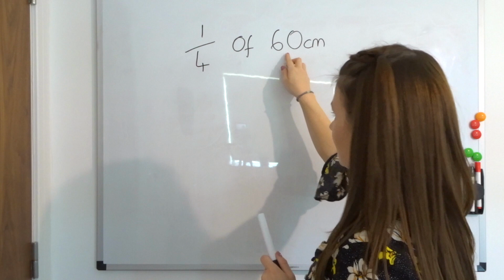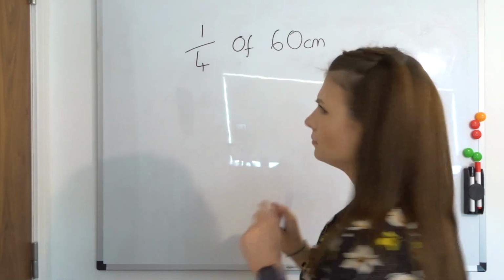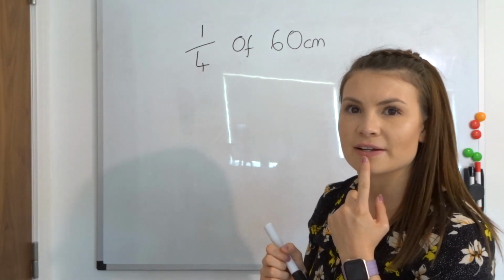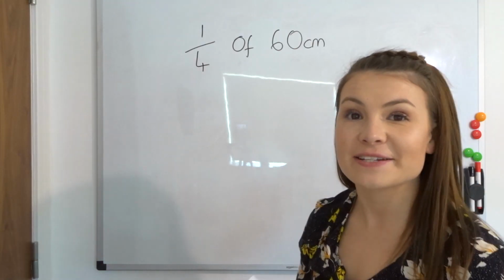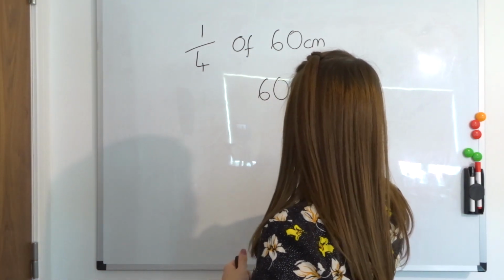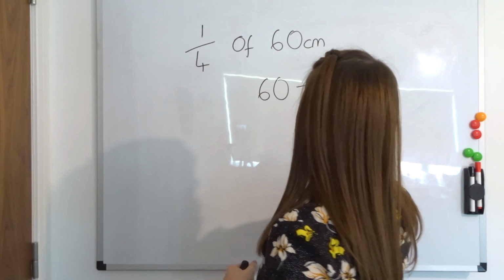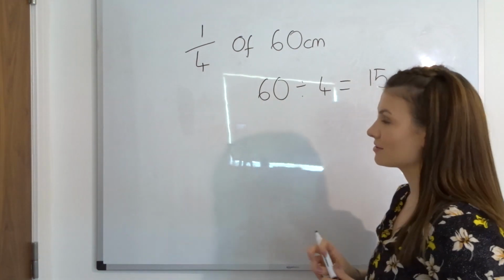Okay, so 60 divided by 4. Ooh. What's 60 divided by 4? 60 divided by 4 is 15. Good, well done.